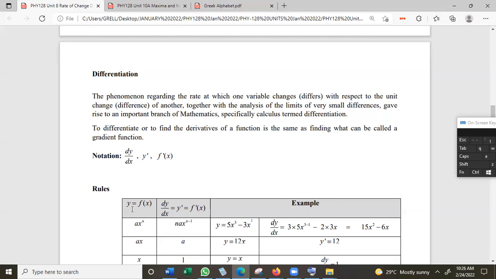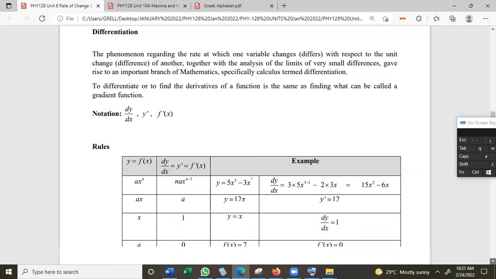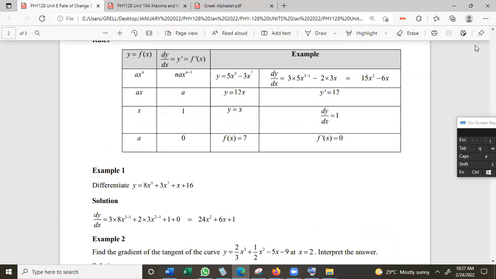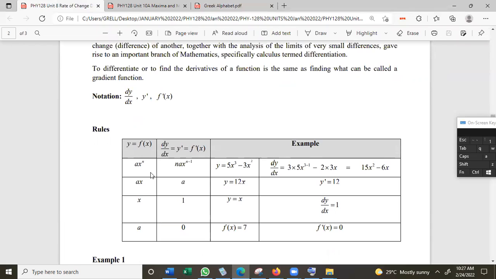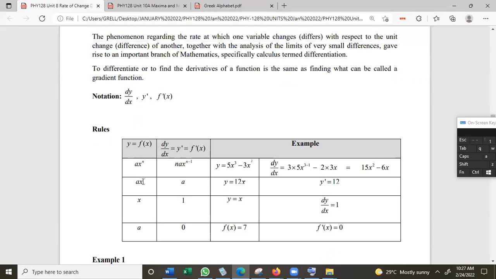Okay, and here you have the rules of differentiation, and you have examples. This is specifically for a polynomial, ax to the n. The differentiation of a function that looks like ax to the n is n times ax to the n minus 1.